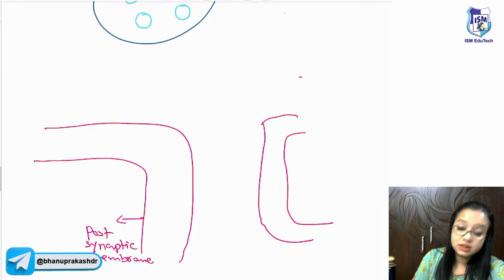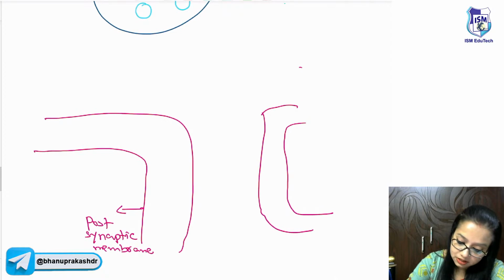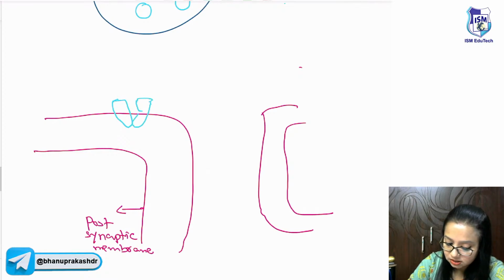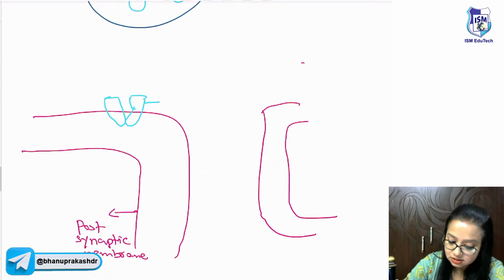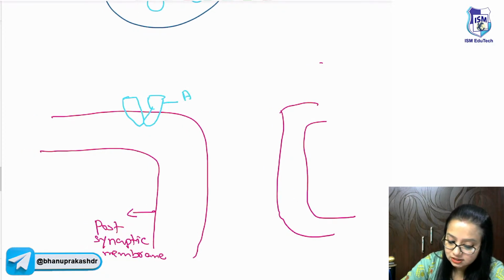Now, what is the unique feature in a postsynaptic membrane? The unique feature in the postsynaptic membrane is the presence of receptors for acetylcholine. This is the acetylcholine receptor, which is NM type.